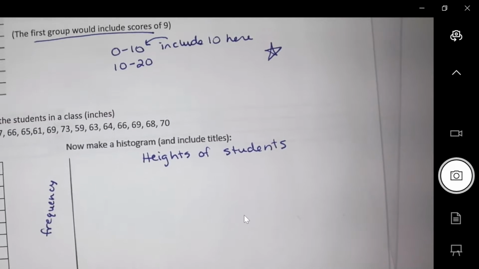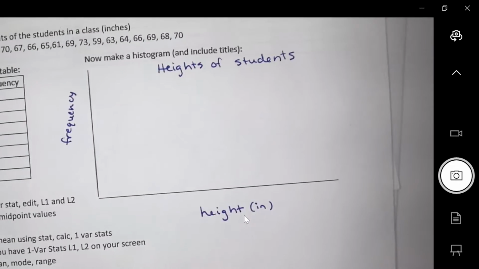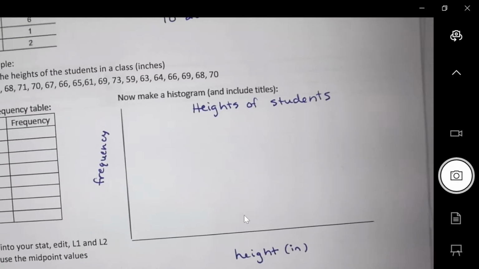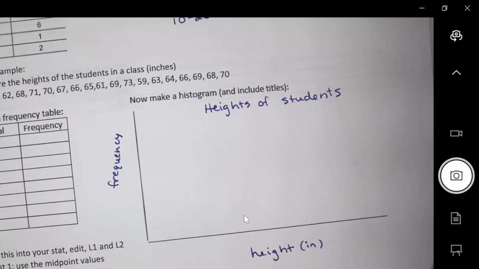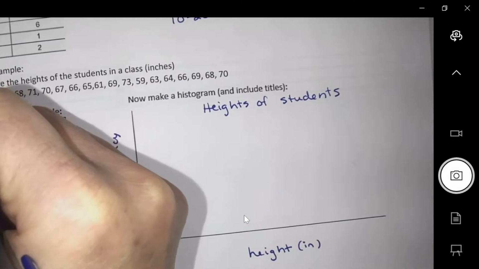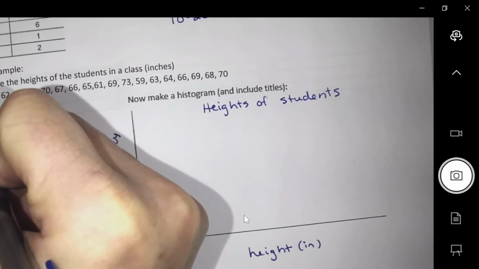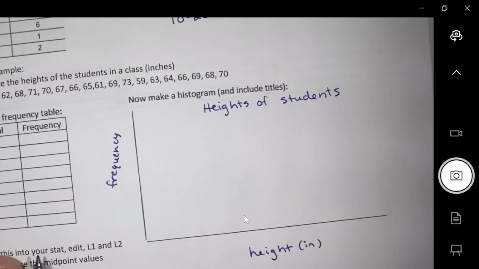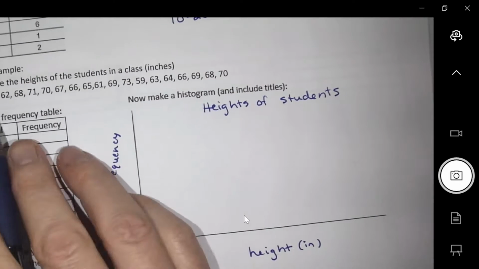And then we'll figure everything else out here. Okay, so the first interval is anybody who's 58, 59, or 60 inches, because you include 60 there. Okay, how many times do you see that?